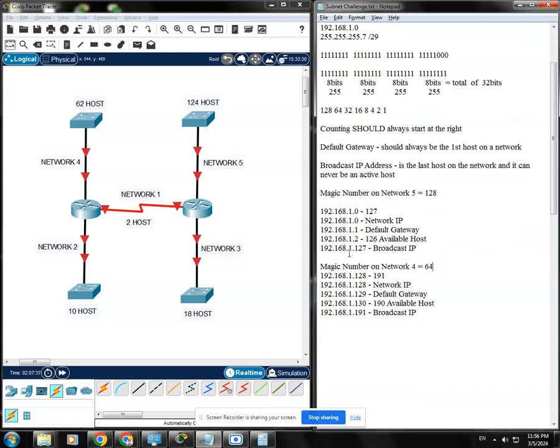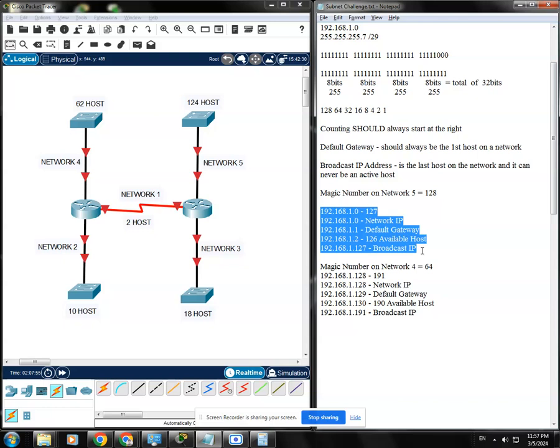And then we will be using the next IP after the broadcast IP address on this network, because that is the available IP address that we can use. We cannot use the previous one again, because we're going to have a problem with IP conflict. So we need to use the IP address after the broadcast IP address on this network.